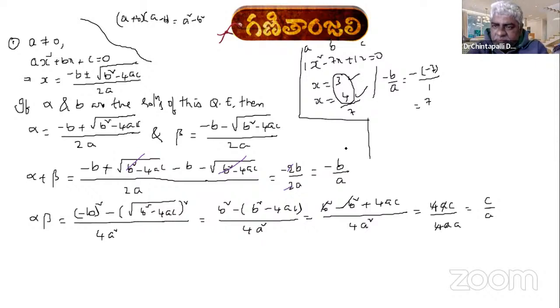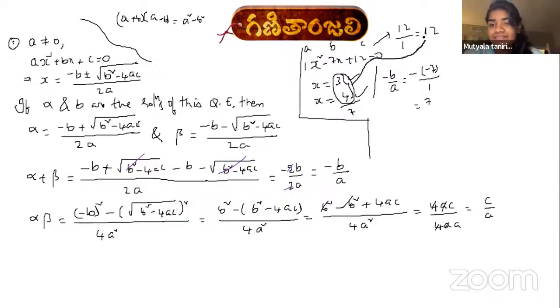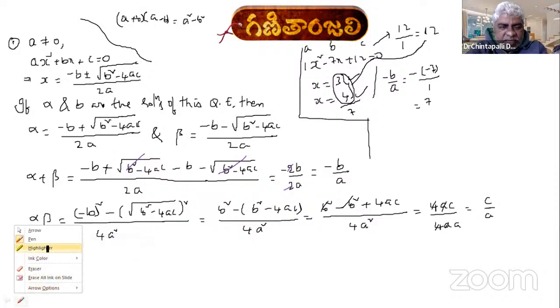What is c here? 12. A is 1, so 12 over 1 is 12 only. When we multiply these two roots, we get 12. So these are very important points to remember: the sum of the roots is negative b over a, and the product of the roots is c over a.